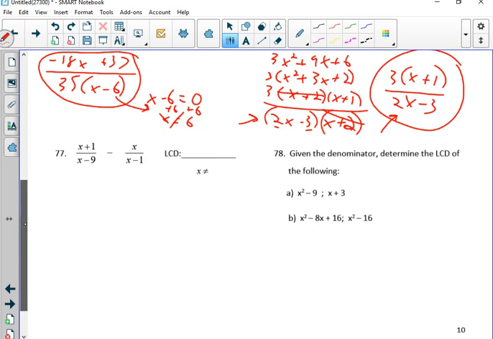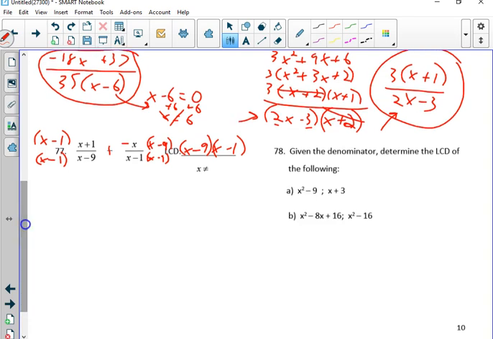The LCD is simply x minus 9, x minus 1. So this side needs to be multiplied by x minus 1, top and bottom, and this one needs to be multiplied by x minus 9, top and bottom. Don't forget, this is negative, so be careful with that. Now we distribute. If we FOIL x minus 1, x plus 1, you should know that's x squared minus 1, because the plus 1x and minus 1x drop out.